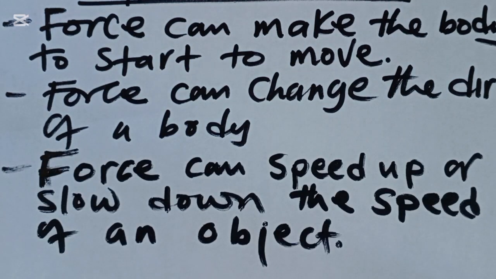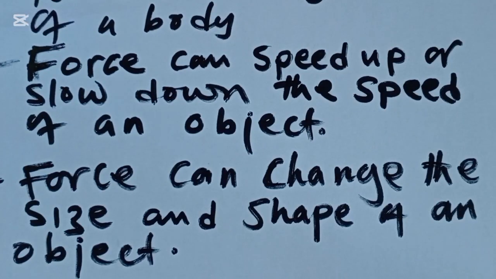That is another effect of a force. The last one is that force can change the size and the shape of an object. That is the fourth effect of a force.